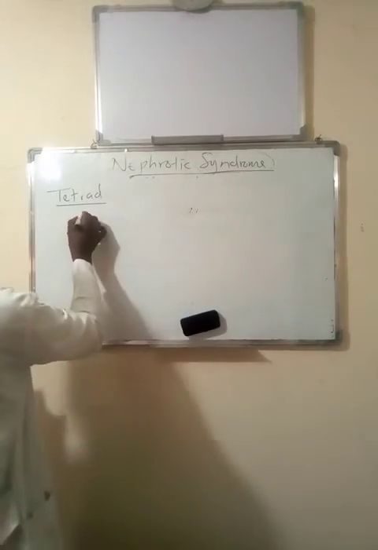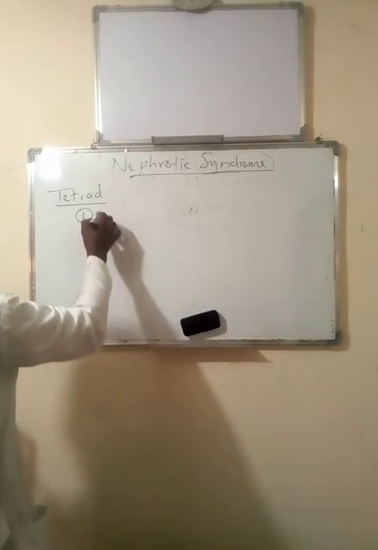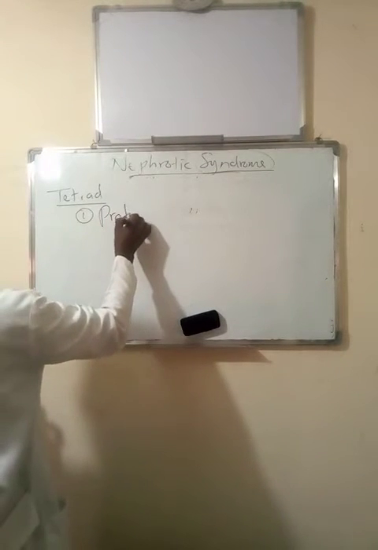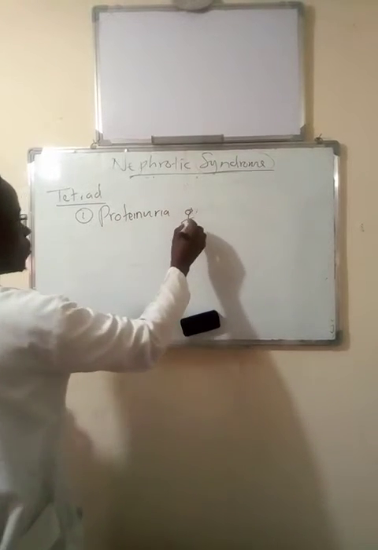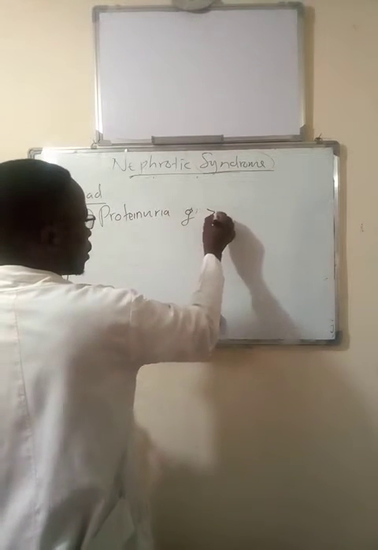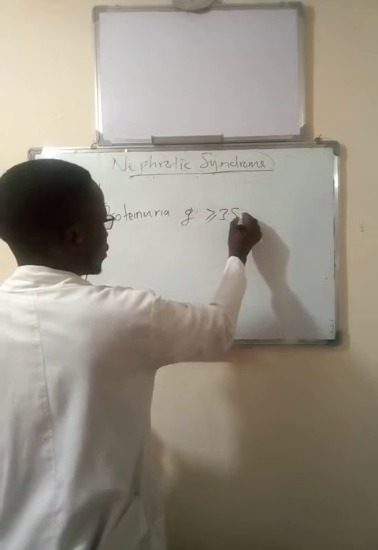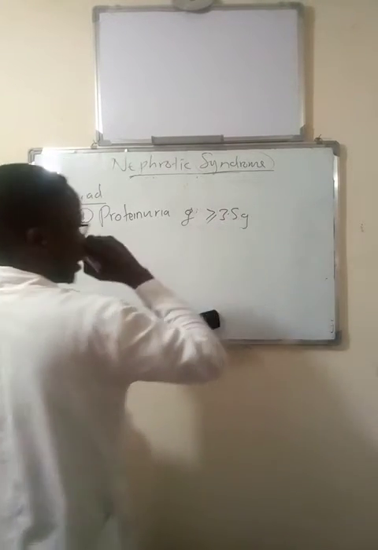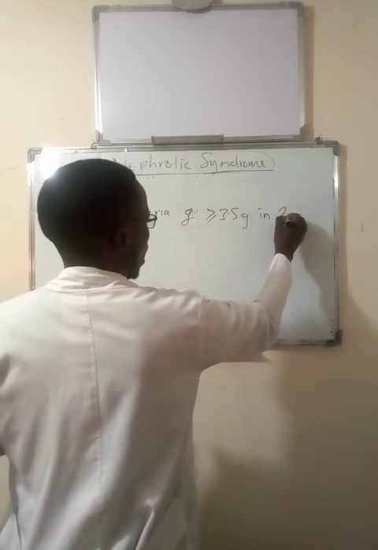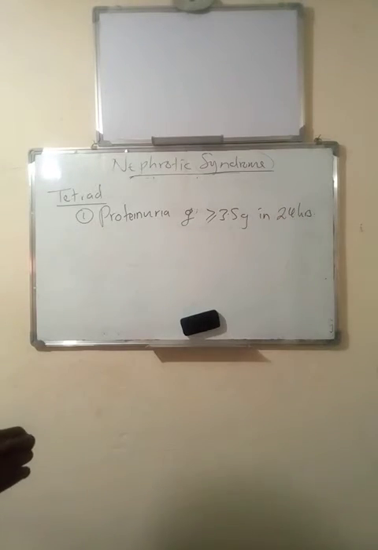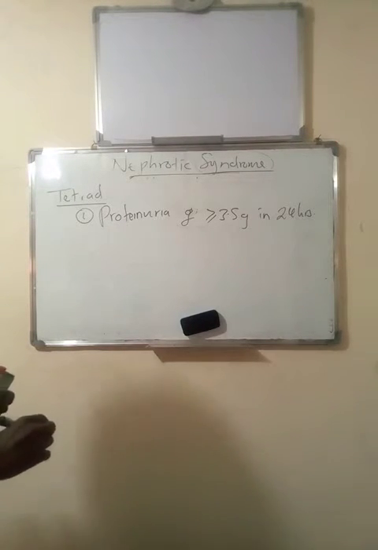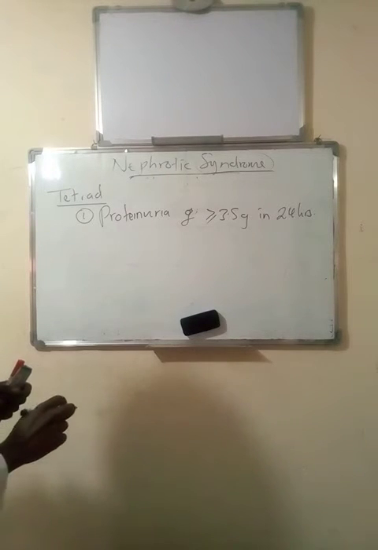And these are, number one, proteinuria of greater than or equal to 3.5 grams in 24 hours. So loss of proteins in urine of more than or equal to 3.5 grams in 24 hours.